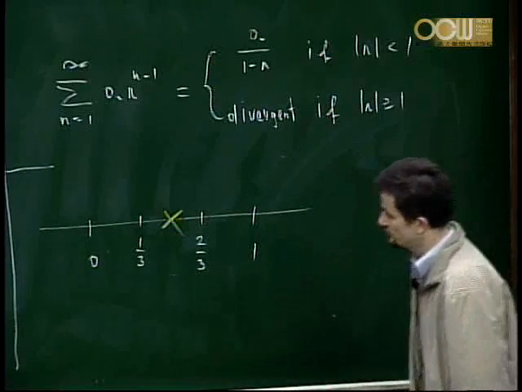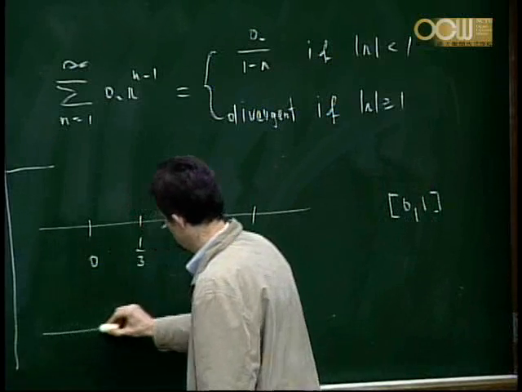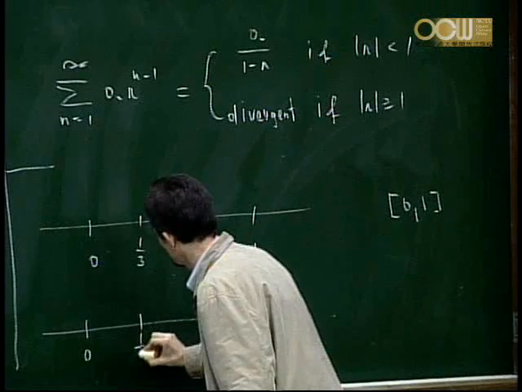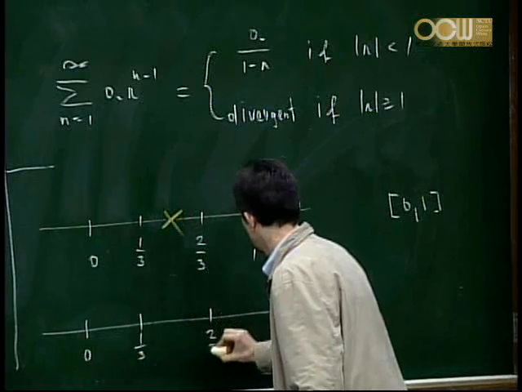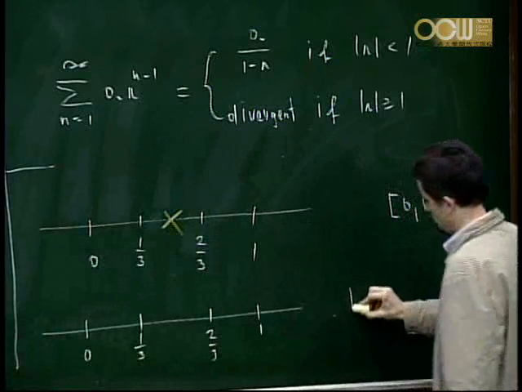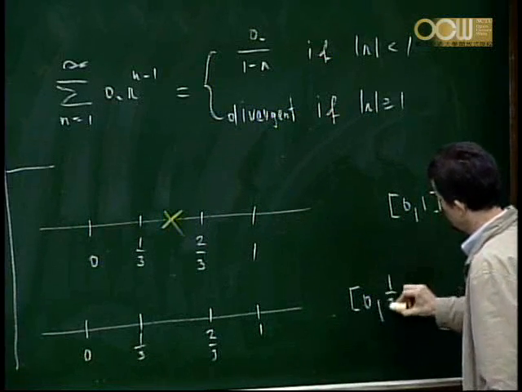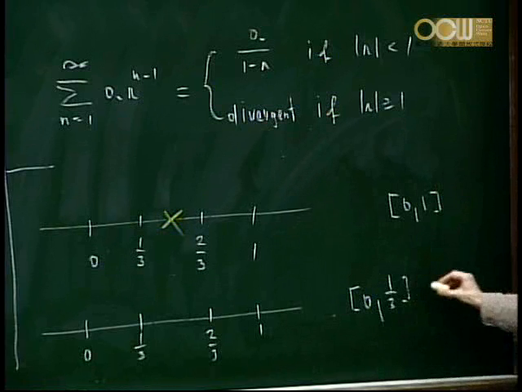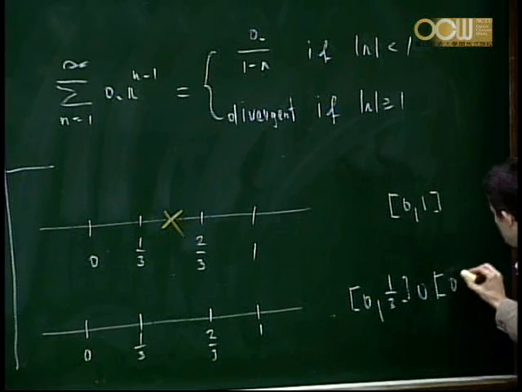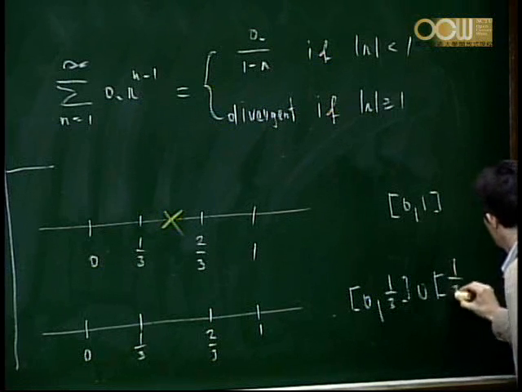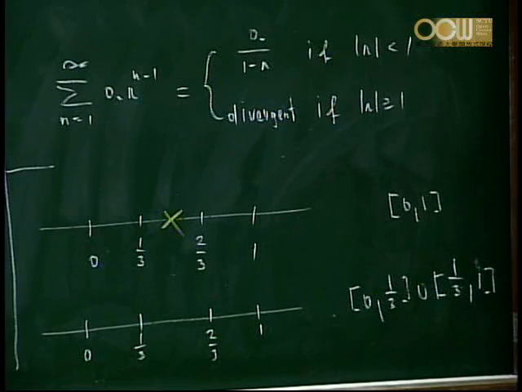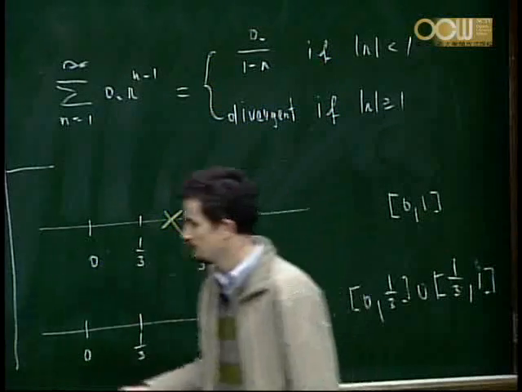So what we are left with after the first step is just this part from 0 to 1 over 3, and from 2 over 3 to 1. This corresponds to the union of 2 intervals, so we just have the union of those 2 intervals.